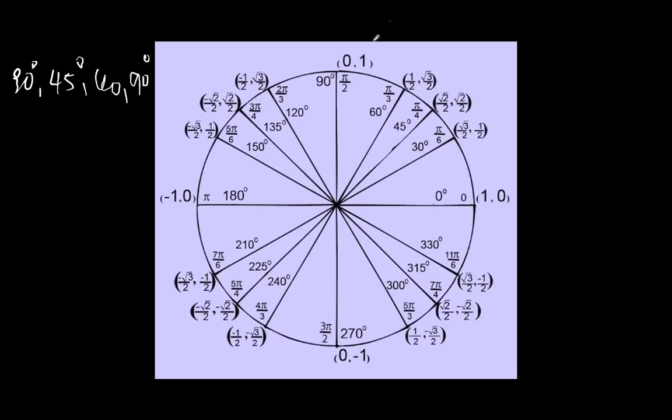Kulang ka, Harvey, ng 30 and 60. In geometry, there are two special triangles, but in trigonometry, there are infinite special angles. One of them is 45, 45, 90. But in trigonometry, the most basic are 30, 45, 60, and 90. We will be using the concept of the special angles to derive these values.